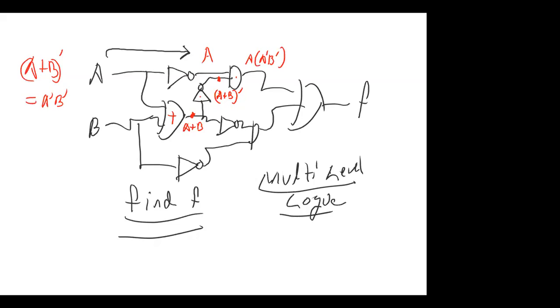That's 1 times 0. So the output here is 0. And what about over here? Here we have A prime, B prime. And over here we have B prime. And they're ANDed together. So that gives me A prime, B prime. And so now I have an OR with 0. And so F must be equal to A prime, B prime.